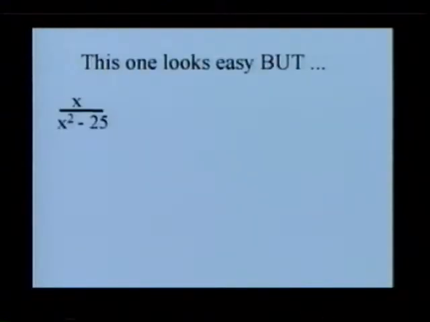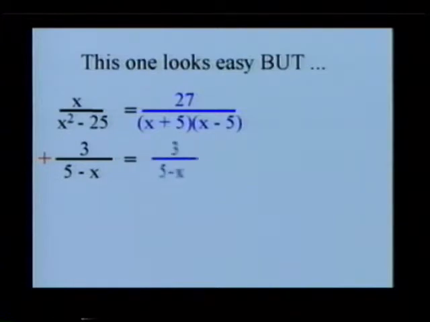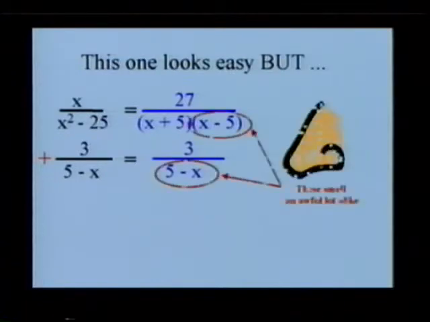Now this one looks easy, but if I factor, x plus 5, x minus 5, it's going to be a tough least common denominator. Remember that these are not the same thing, but we could use your buddy, the minus 1 over minus 1 trick. Let's take a look at what we're going to do here.